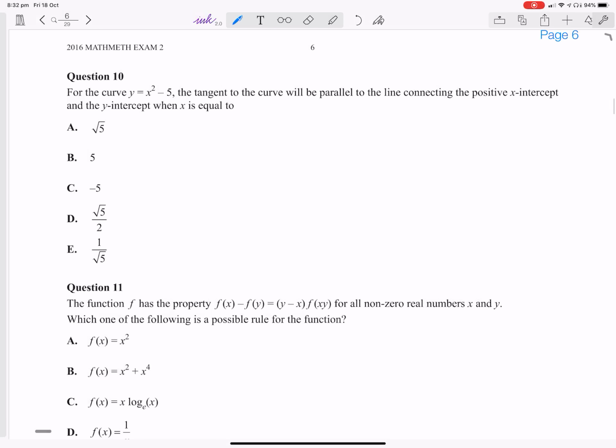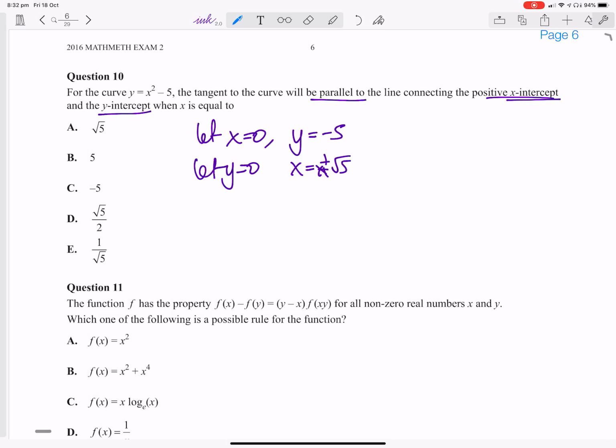So that's D. Okay, for the curve x squared minus 5, the tangent of the curve will be parallel to the line connecting the positive x and the y-intercept. Okay, if we let x equal 0, we get y is negative 5. If we let y equal 0, we get x is plus or minus root 5, but we only want the positive one.